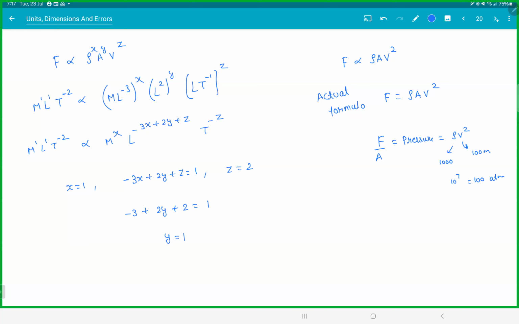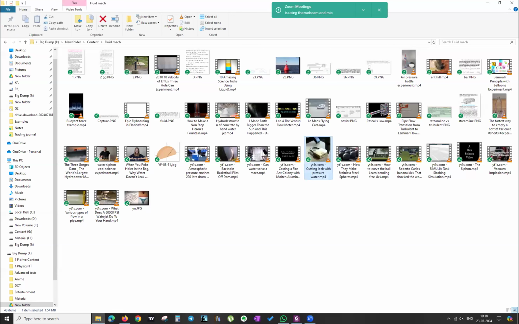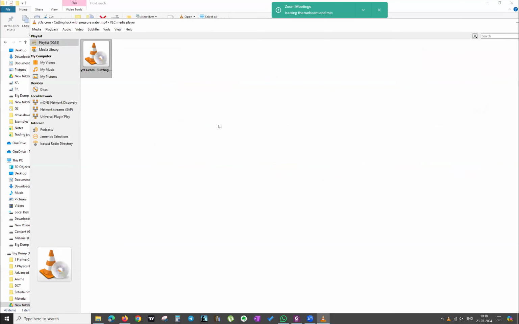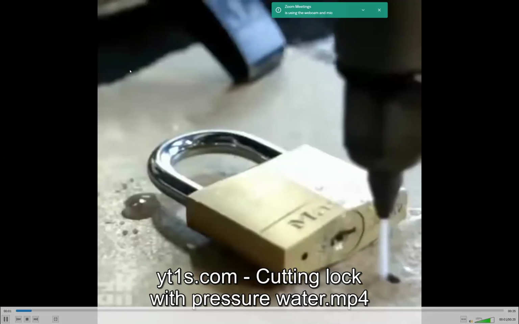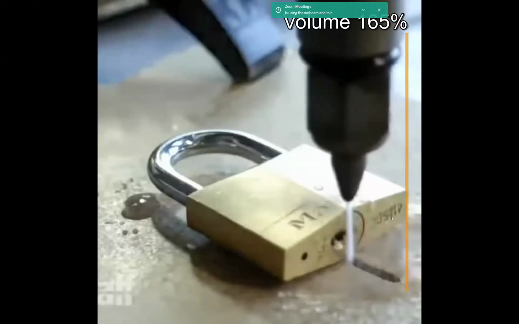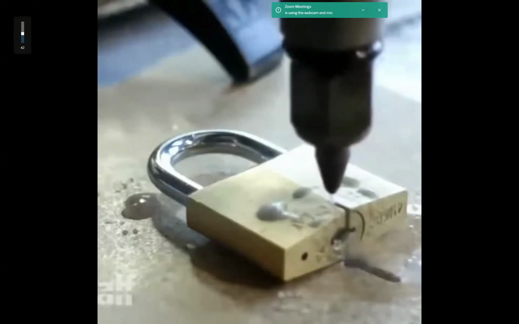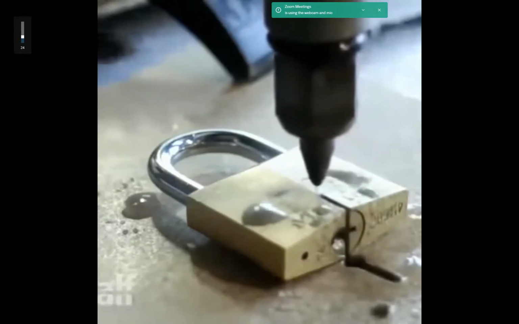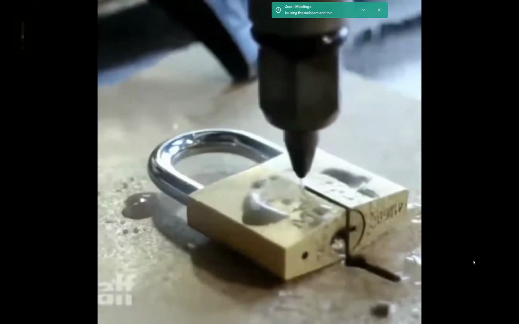So how does this look like? It looks like this. That is a steel log, and that's a water jet.